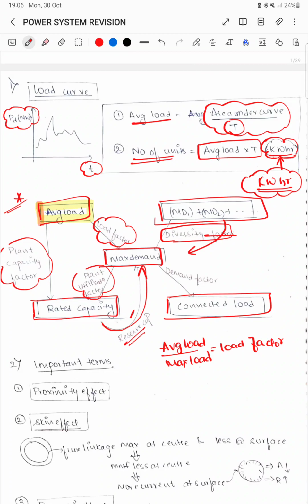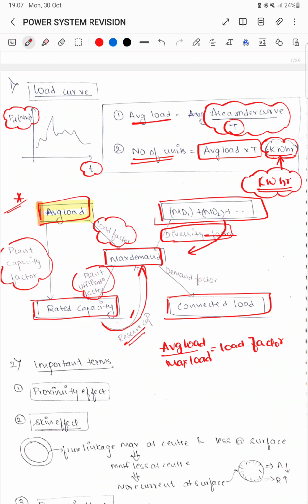Kilowatt hour is very essential. The next thing is our shortcut. So in between there is maximum demand, and let's start from left in clockwise direction. So first thing is average load, MD1 plus MD2 plus MD3. Then bottom would be connected load, and then comes rated capacity.